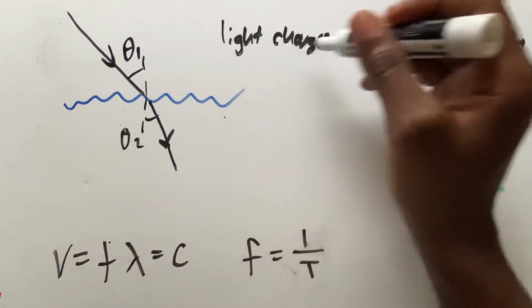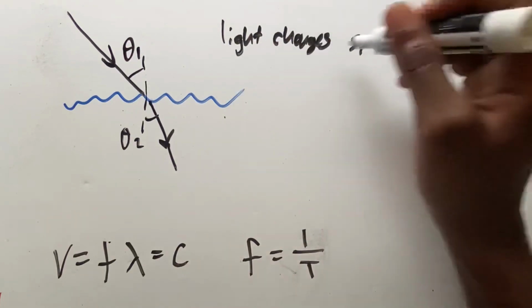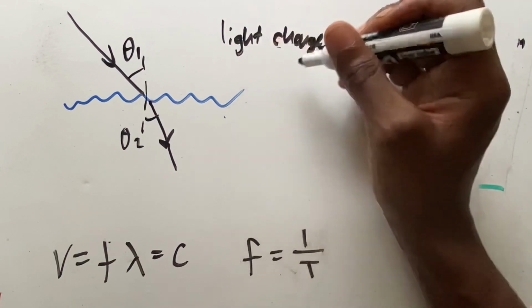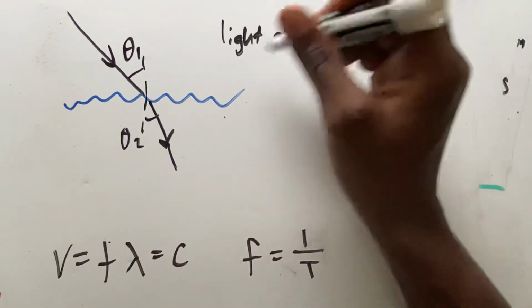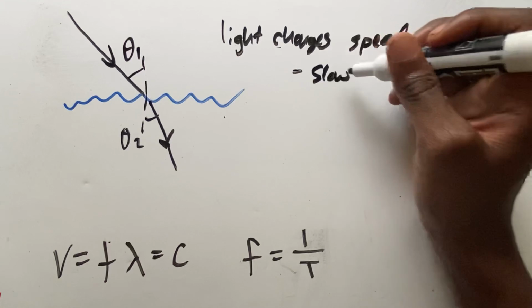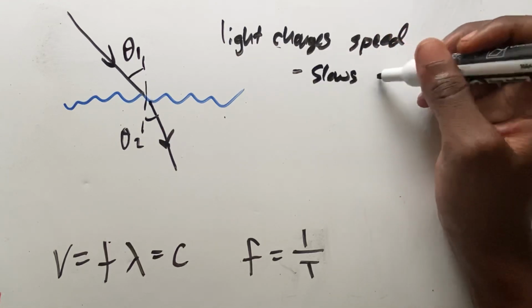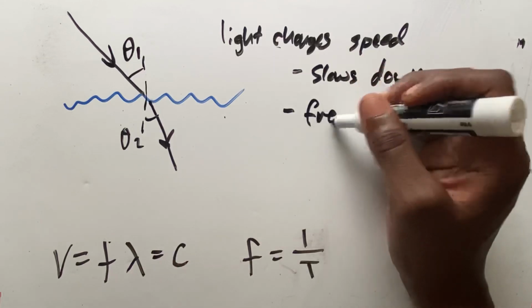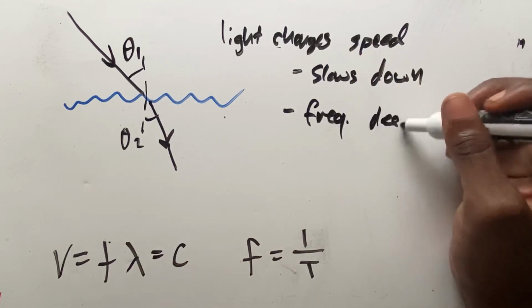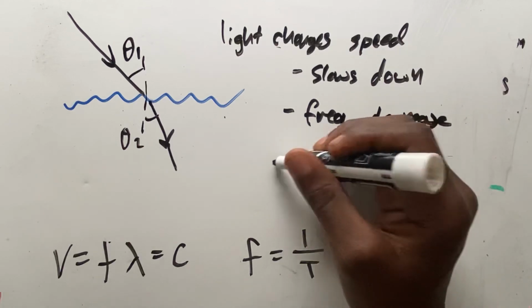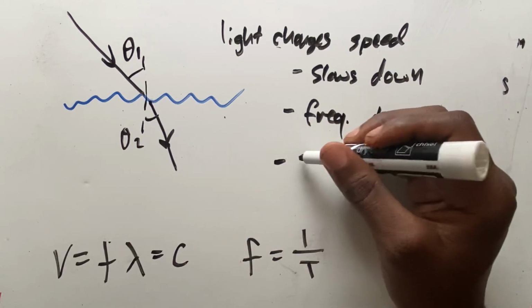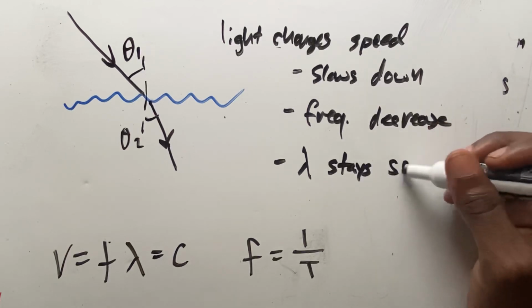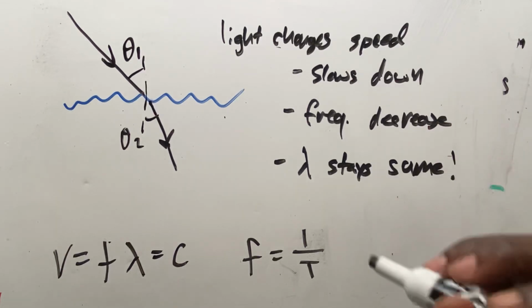So the light slows down, and when the light slows down, the frequency is going to decrease. Wavelength stays the same. Boom.